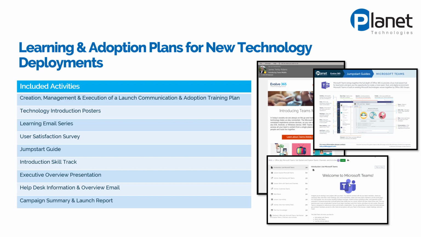And then informing help desk users before the launch so that they can have the time, especially to train themselves on how to use the products to help end users. And then, of course, we do campaign summaries, end user satisfaction surveys, and launch reports to make sure that our plan was successful, and that if we need to make tweaks or changes to new plans down the line, we can.